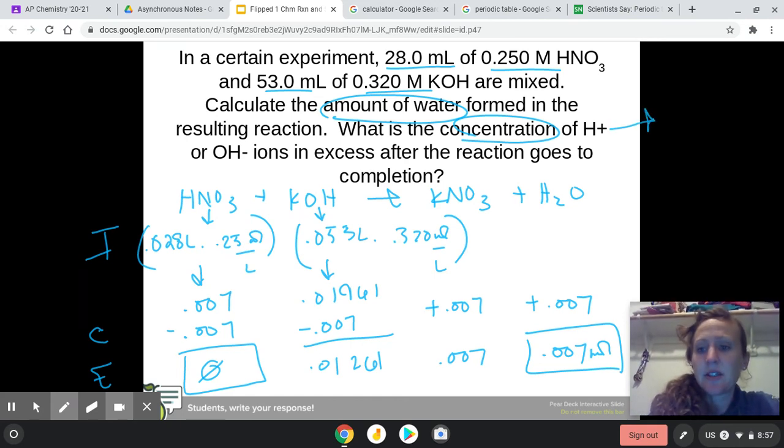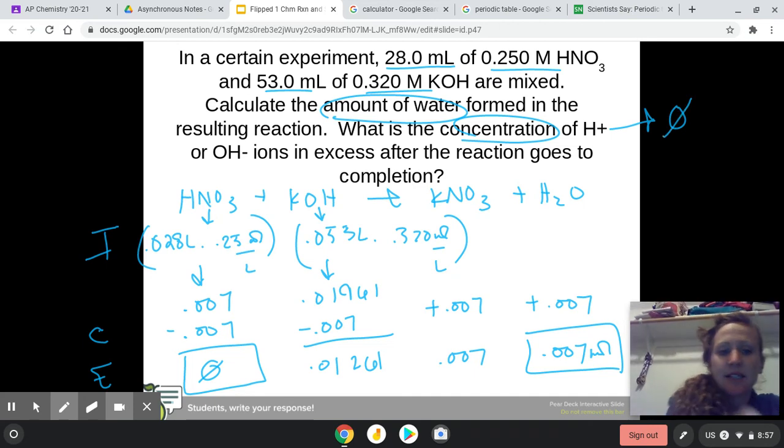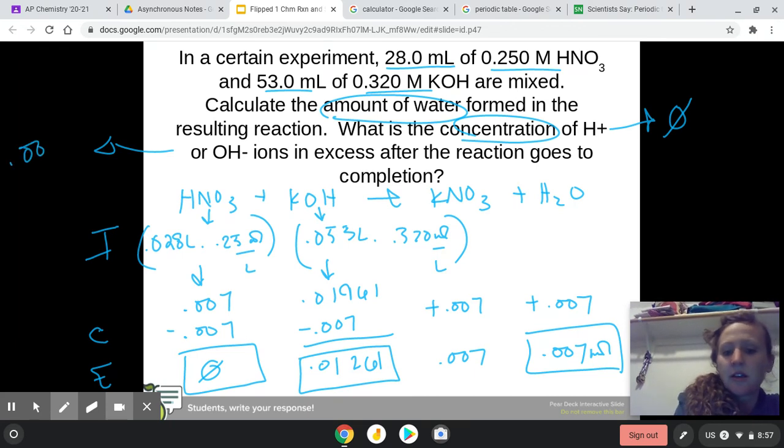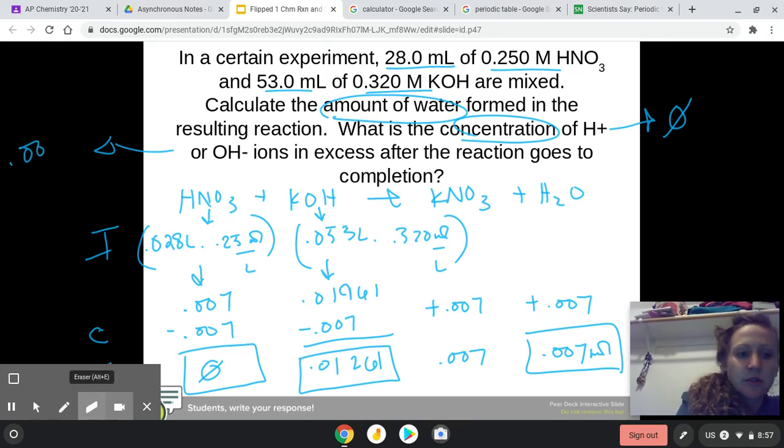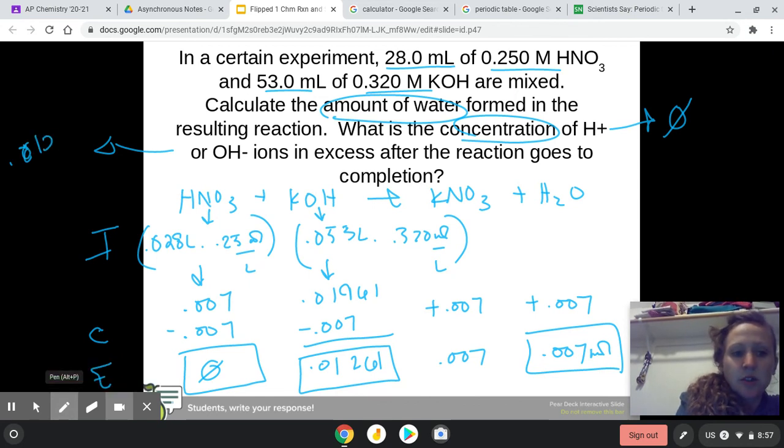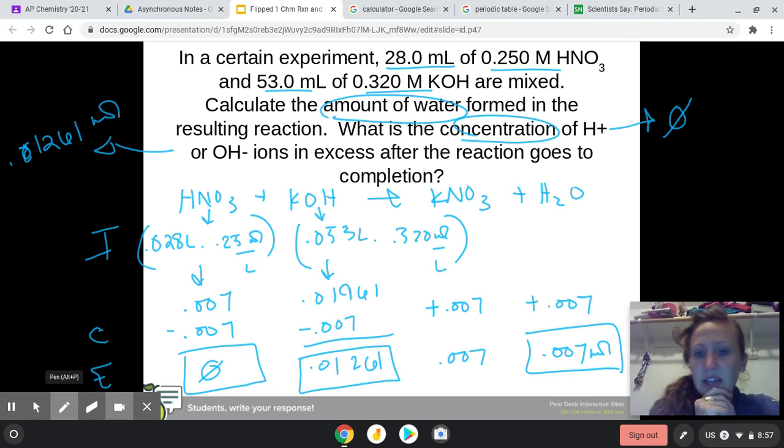So this is going to be 0 left in excess. And then OH minus ions comes from KOH. 0.01261 moles left in excess.